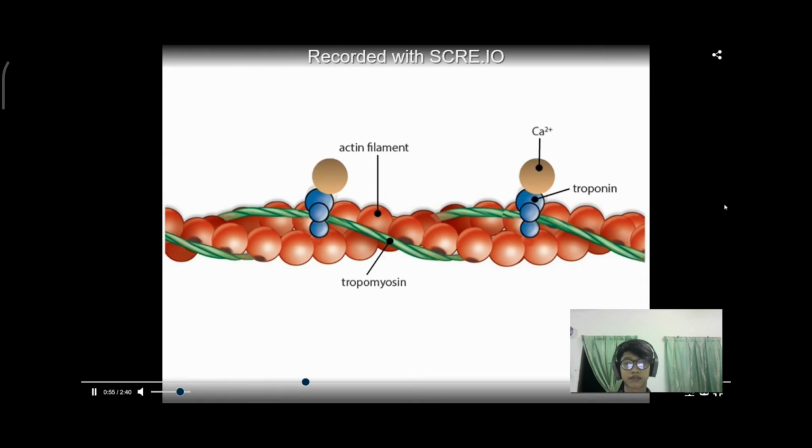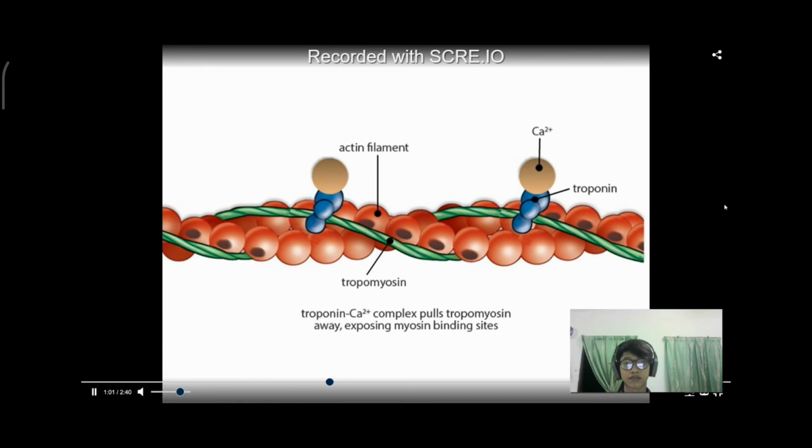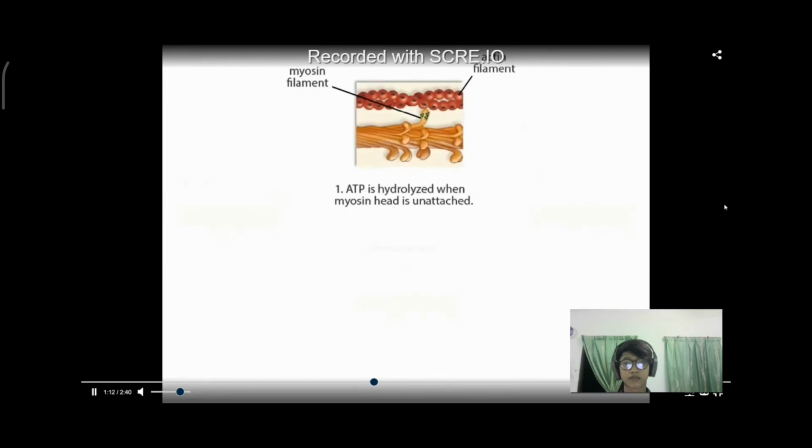When the nervous system signals that the muscle needs to contract, calcium ions, shown as Ca2+ in this diagram, are released from the sarcoplasmic reticulum. The ions combine with troponin, which then shifts the position of the tropomyosin threads. When tropomyosin moves out of the way, myosin binding sites are exposed along the actin filament. The heads of a myosin filament, the part that looks like a golf club, have ATP binding sites.